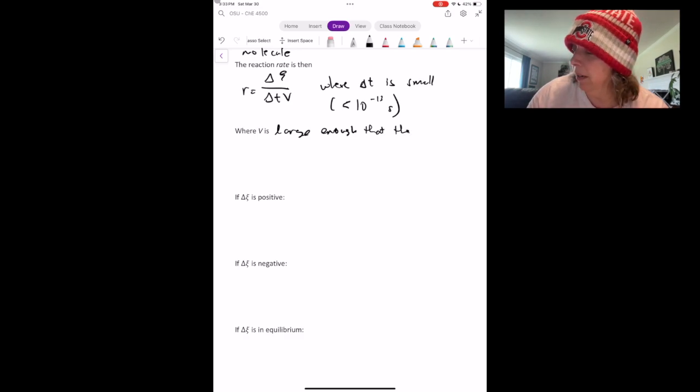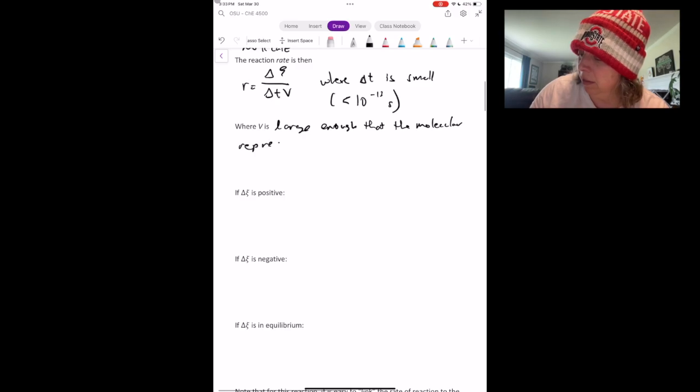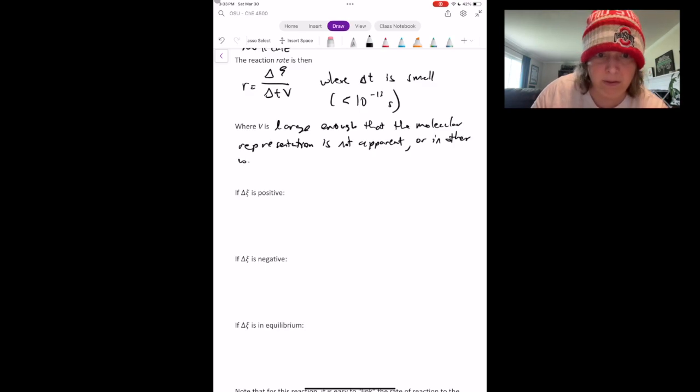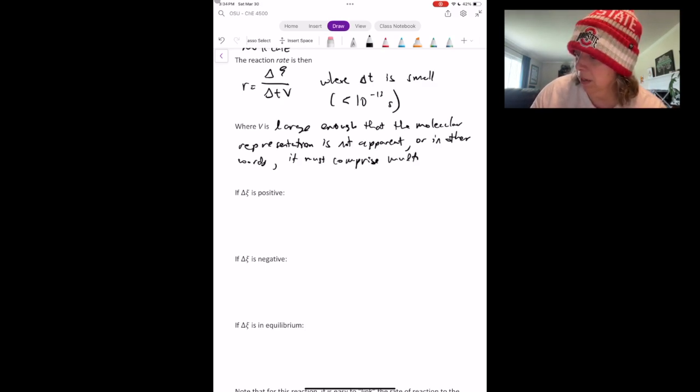So V has to be large enough that the molecular representation is not apparent, or in other words, it must comprise multiple molecules.